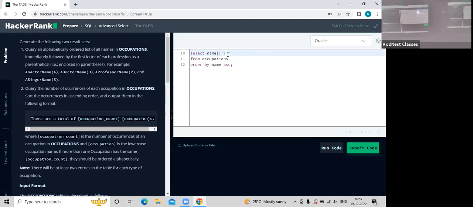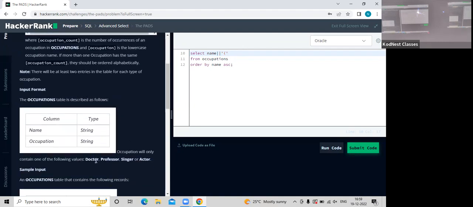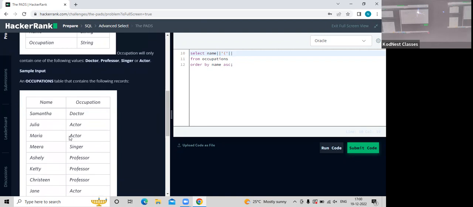But dear students, here you have to observe one thing. In between this, whatever is their occupation, that occupation's first alphabet should come. Yes or no? So again, let us concat it with occupation, only the first character we want. We want to just extract only the first character from their occupation.